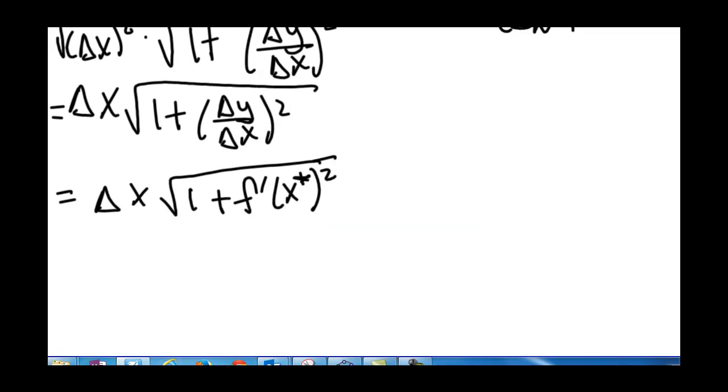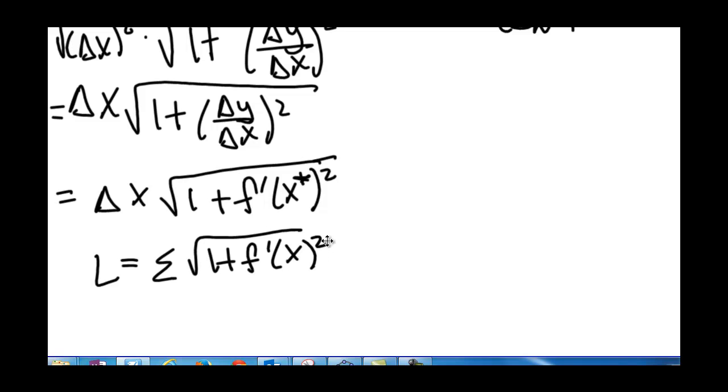We should also note that as our change in x goes to zero, our change in y over our change in x goes to f prime of x, if f is differentiable. So now we say that L is equal to the sum of the square root of 1 plus f prime of x, quantity squared, times the change in x.